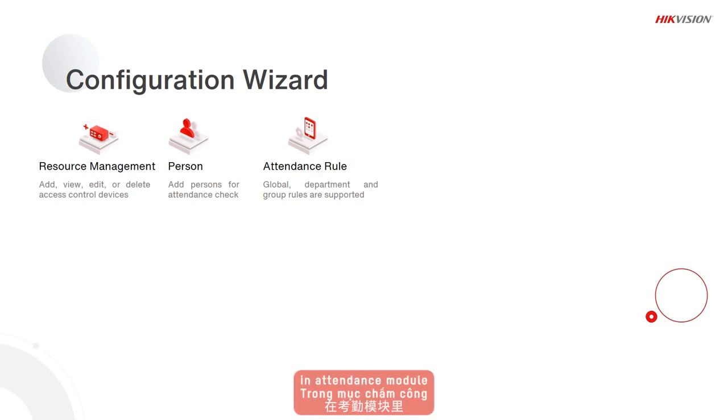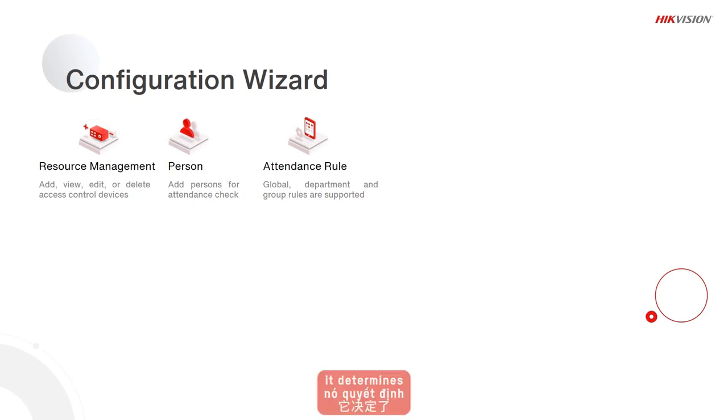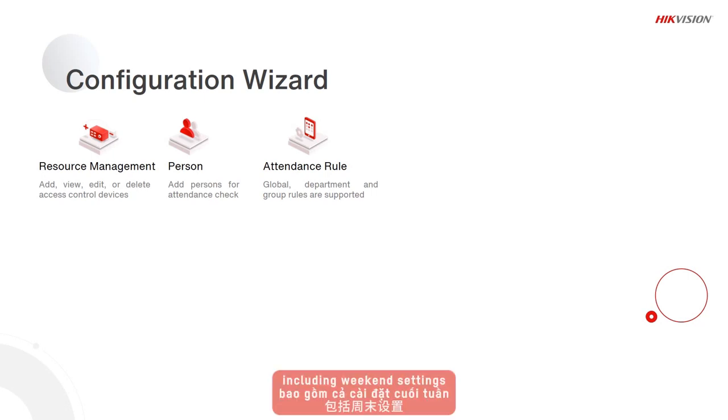In the Attendance module, we should first set the attendance rule. It determines basic parameters related to attendance calculation, including weekend settings, overtime calculation, and authentication methods, and so on. The attendance rule could be different for each department and attendance group.